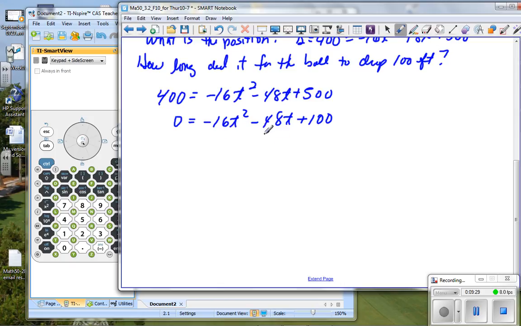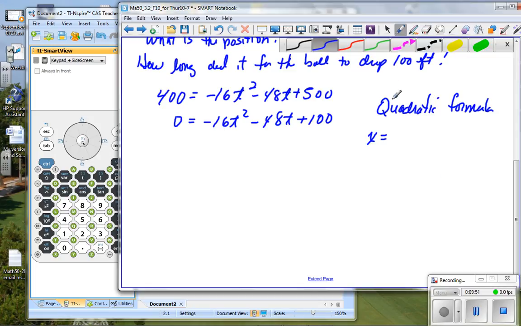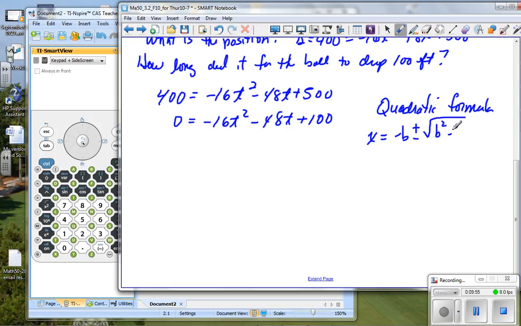This is now a quadratic function, and so we can use the quadratic formula, and I can only use that when I have the quadratic set equal to 0. x equals the opposite of b plus or minus the square root of b squared minus 4ac, all of it divided by 2a.